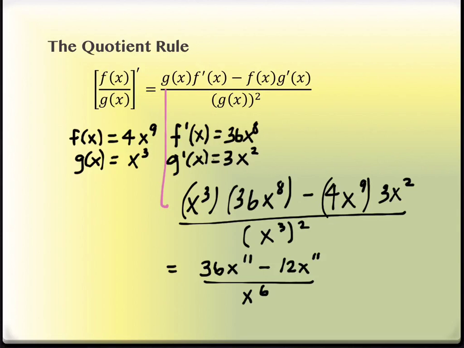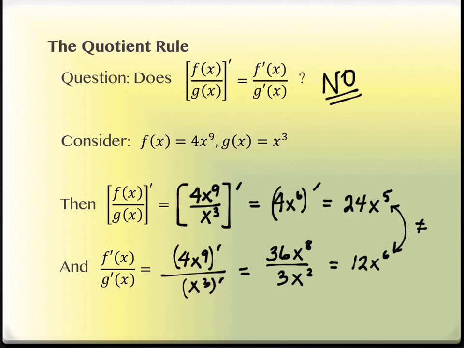Careful, right? 6th, not 5th, 6th. And then if I subtract, I can actually subtract that numerator because it's the same exponents on x. 36 minus 12 would be 24x to the 11th. So what is 24x to the 11th over x to the 6th? 24x to the 5th. And that should be what we said it was in the previous slide, was it? Oh, good. It worked.